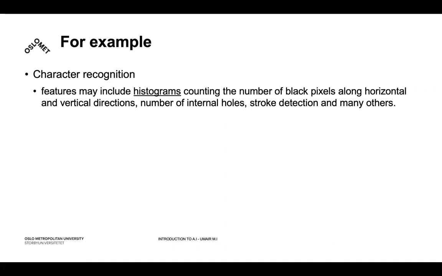Are they going straight? Are they going horizontal? Are they taking a curve? So if they're taking a curve, it's probably a B or a C or a D or an E, for example. If it's a straight one, it's either an I or an L. Those are the kind of features you would identify while building a data set for a character recognition algorithm.